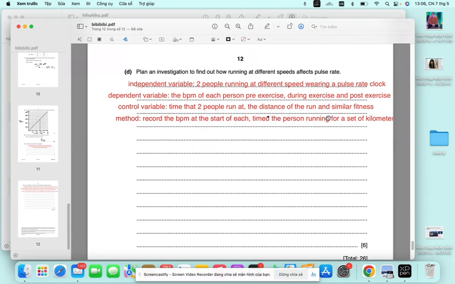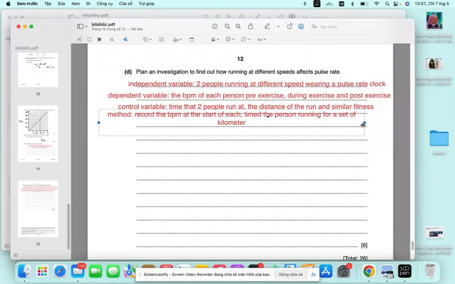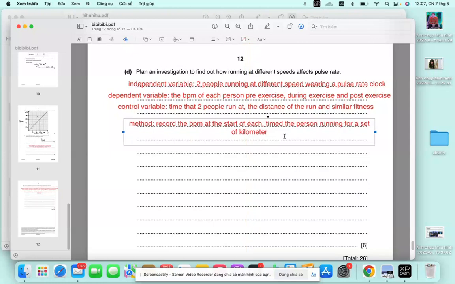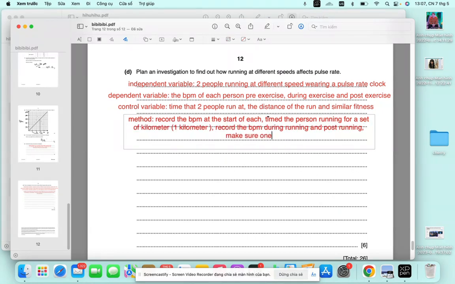I'm gonna make this smaller so we could fit on one screen. Like 1 kilometer, like that, and record the BPM during running and post running. Make sure one runs slower than the other.